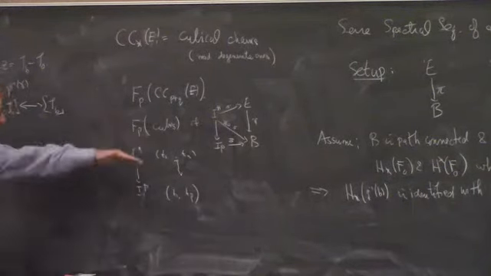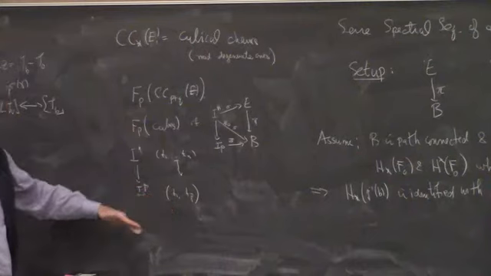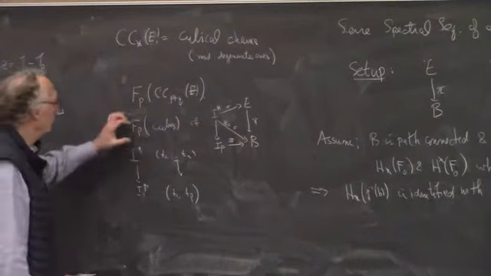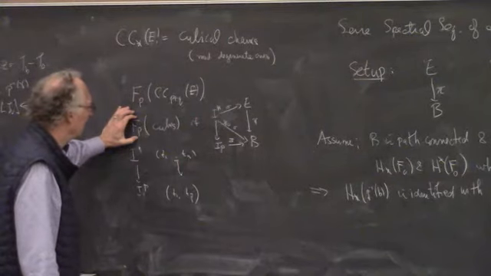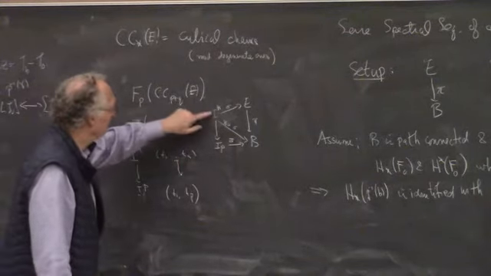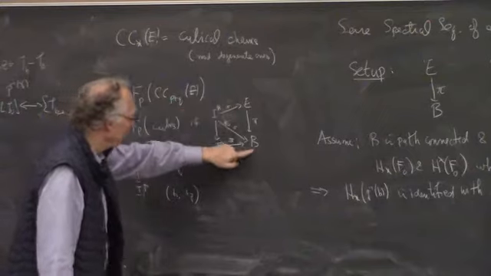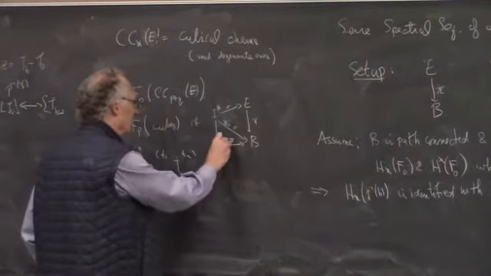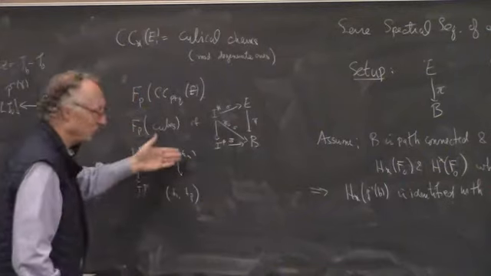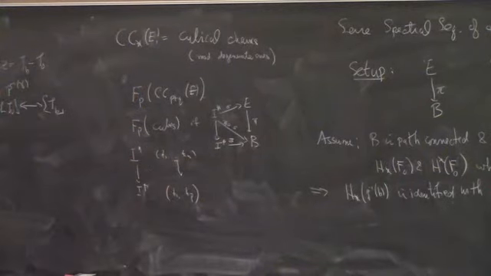So I use projection onto the first coordinates. So a cube will be in filtration level p if its projection to the base factors through a p-cube by projection onto the first p coordinates.